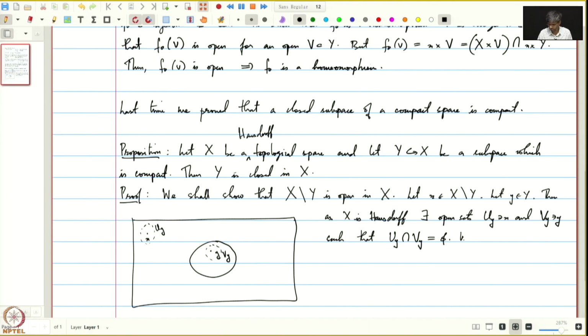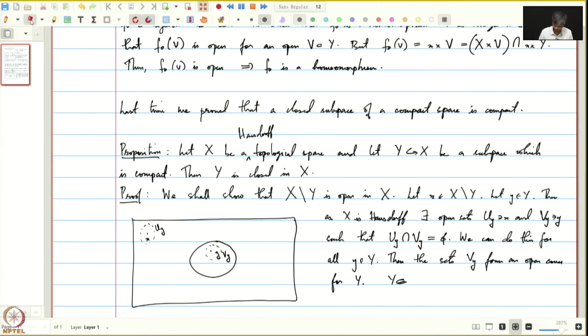Right. So we can do this for all y in Y. Then the sets V sub y form an open cover for Y. So that is, Y is contained in this union over y in Y of V sub y.